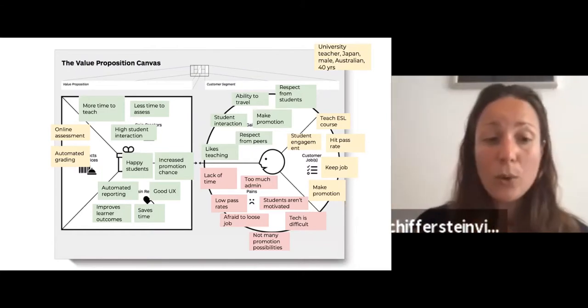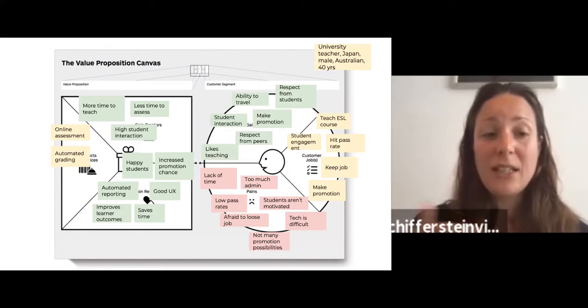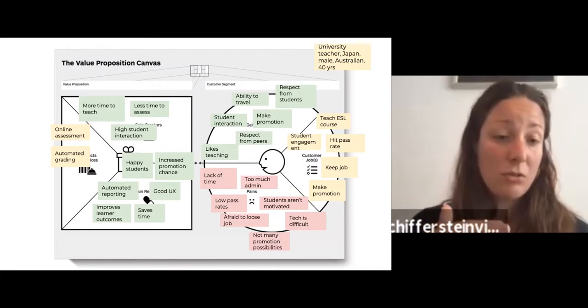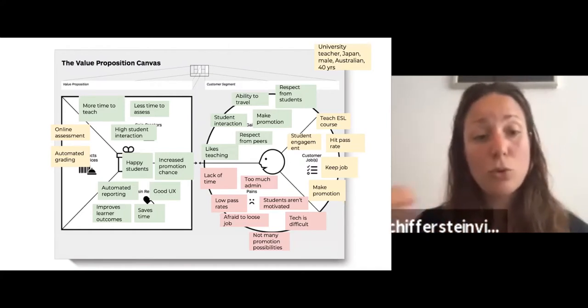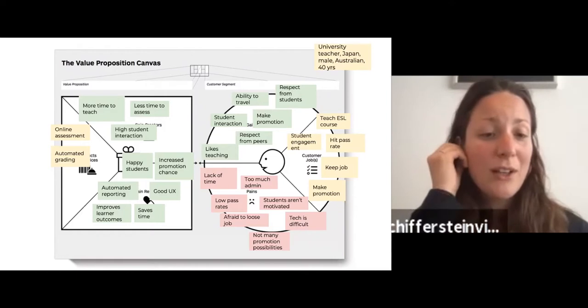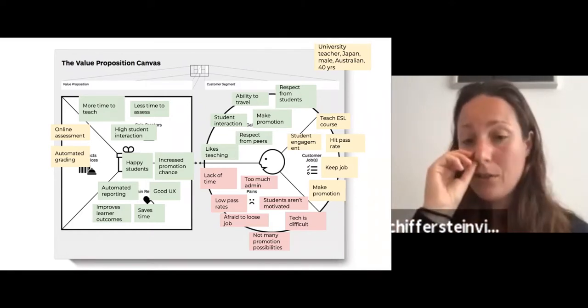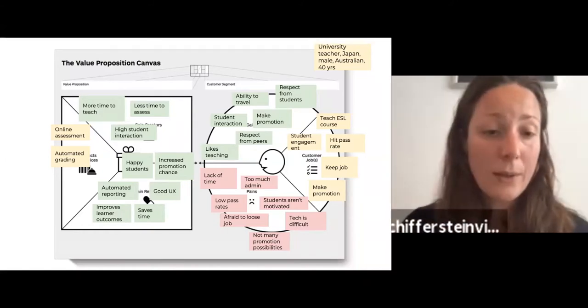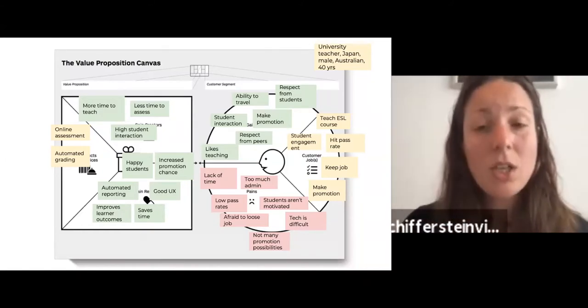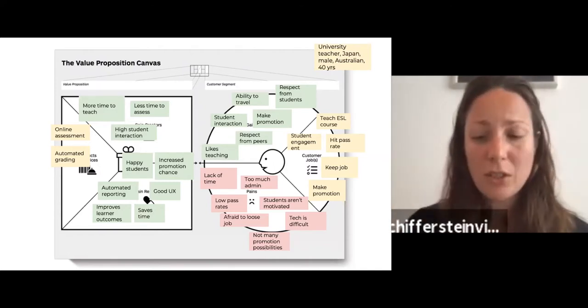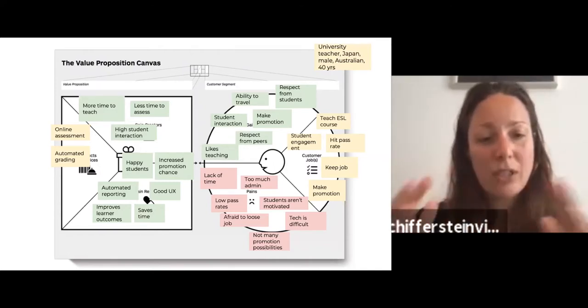Or the other angle, we are seeing that it improves learning outcomes, which makes your school a better school, and you can promote your school to new students or new parents and teachers as a best performing school by using this technology. So those are angles that you can then take.